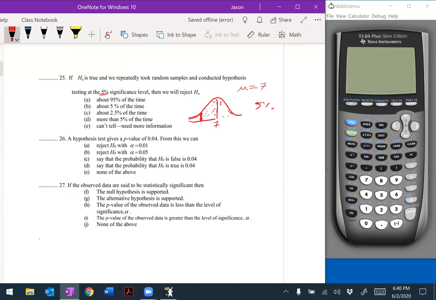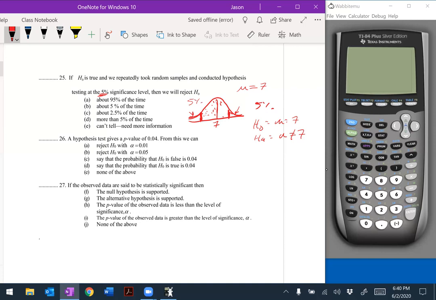Then approximately how much of the time would I reject the null? So H0: mu is equal to 7, HA: mu is not equal to 7. Well, I would reject it 5% of the time. If you have a 5% significance level, that means your region of rejection is 5%.